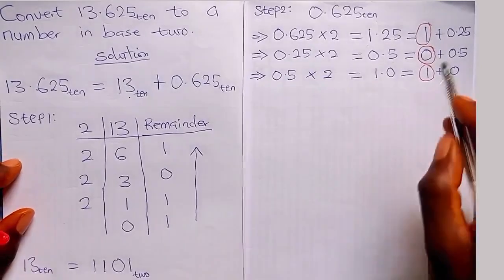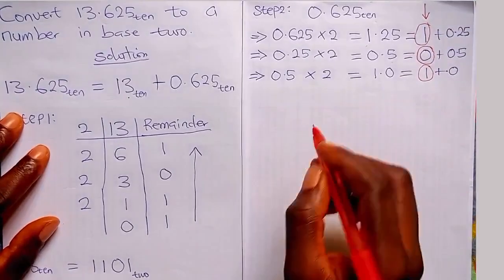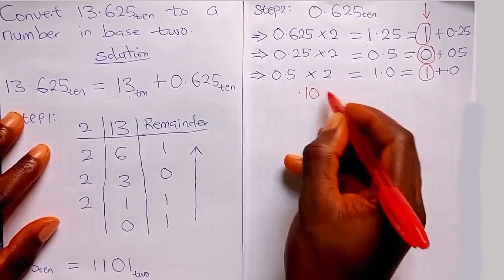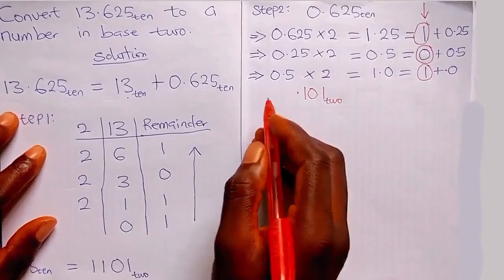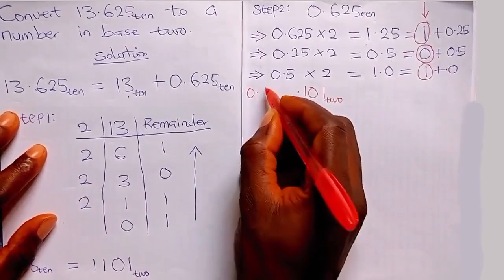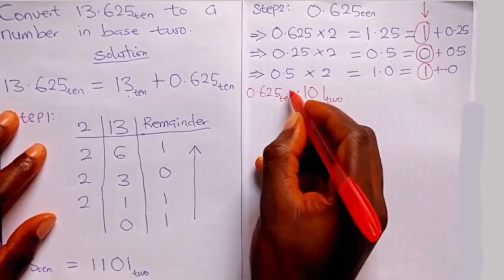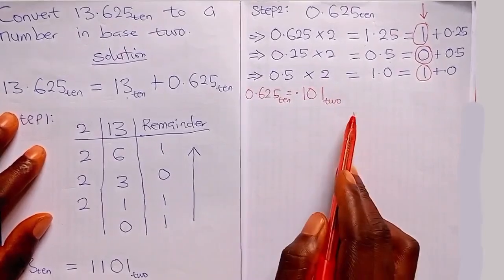So we take our reading downward, and our answer becomes 0.101 in base 2. It means that 0.625 in base 10 is equal to 0.101 in base 2.